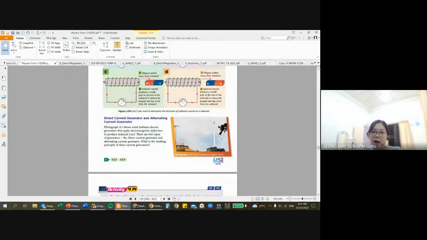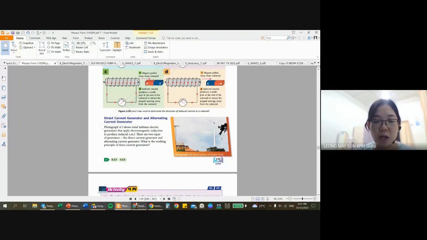We have a direct current generator and an alternating current generator right now. The difference between the word motor and generator is that a generator will generate electricity. A motor is to cause something to move. That's why it's called a motor. A generator is to generate electricity.